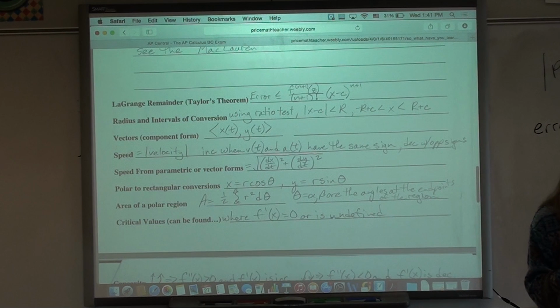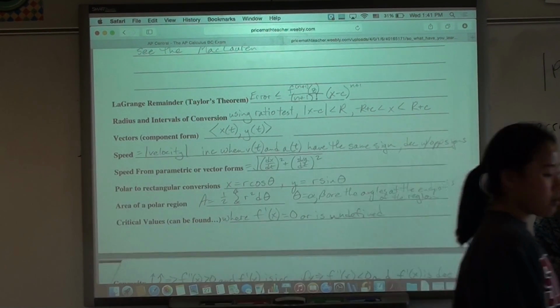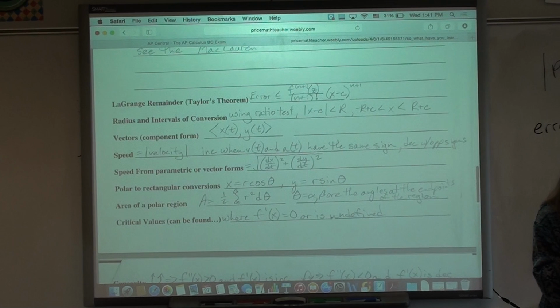Yes? Wait, even if it's completely obvious, like an x over something? I have yet to find any source that can tell me how to know that a power series is geometric by looking at it. If you just had x over something, don't you just know that that's geometric?